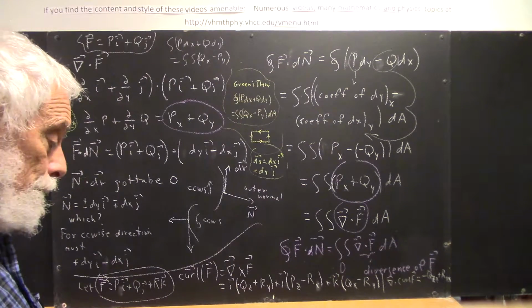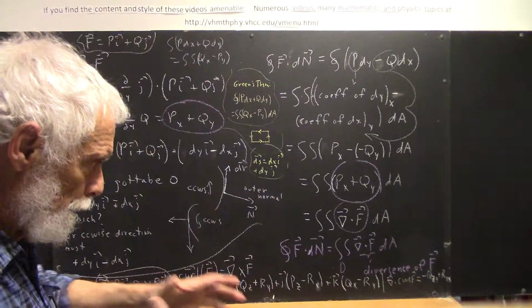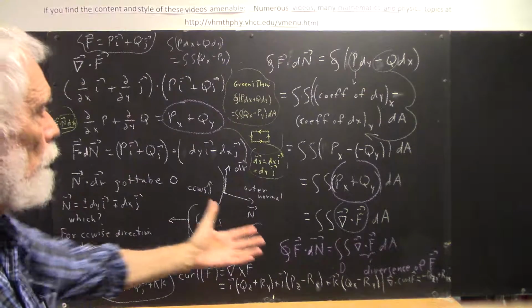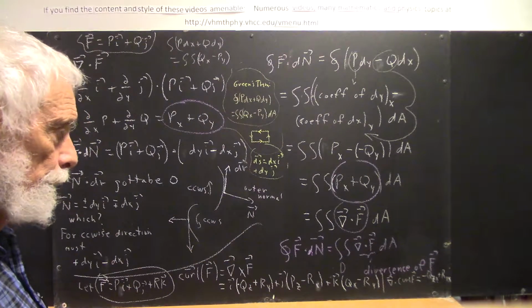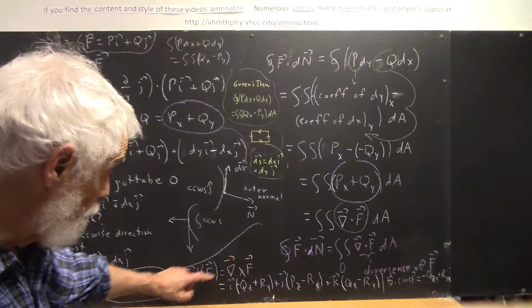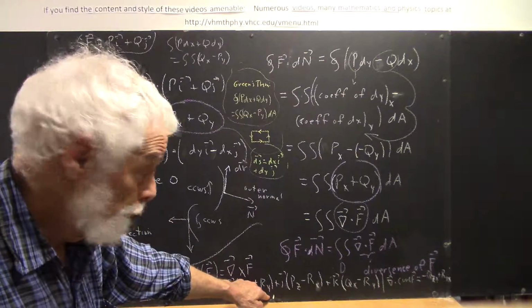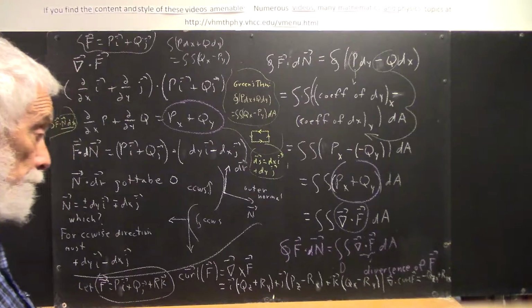And that gets into circulation of a fluid. This is like divergence of a fluid. We'll talk much more about this. Those two ideas are the culminating ideas of the course. But in any case, here is how the curl is defined, and we go all kinds of places with it.